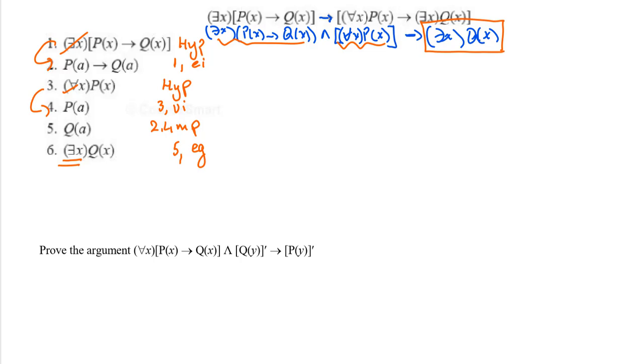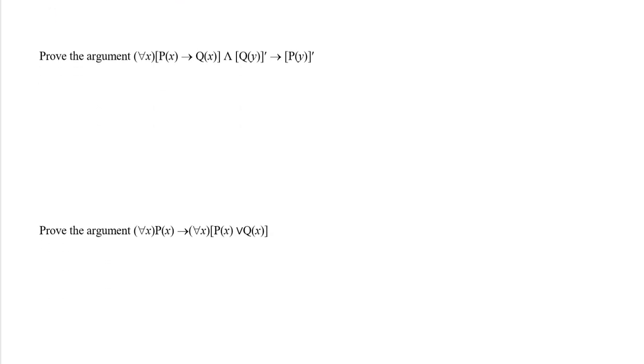So let's see another argument. So what we have? For all x p of x implies q of x, and not q of y naught implies not p of y naught. So again, I'm going to write down the hypothesis. So number 1, I have for all x as a hypothesis.